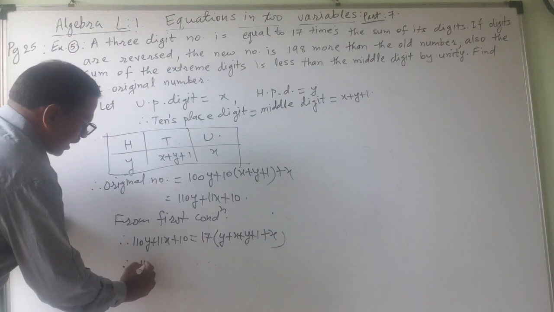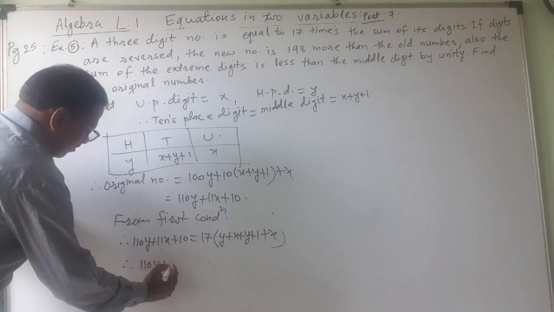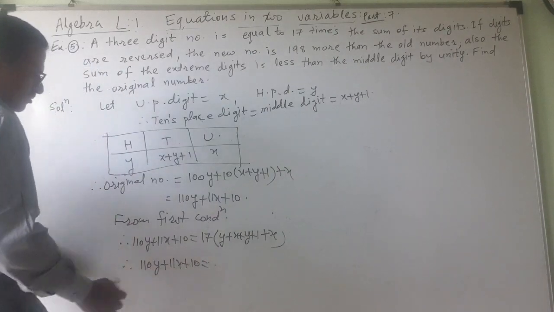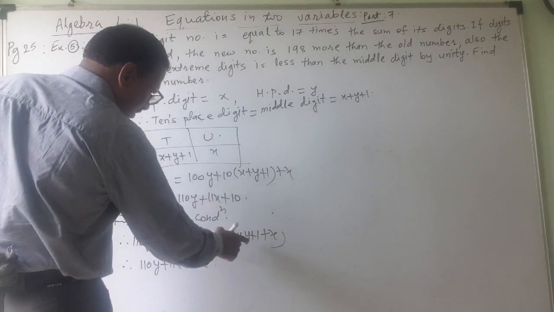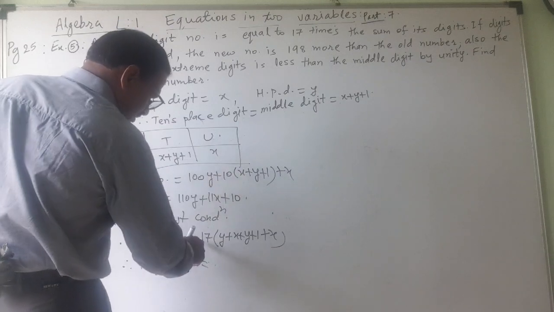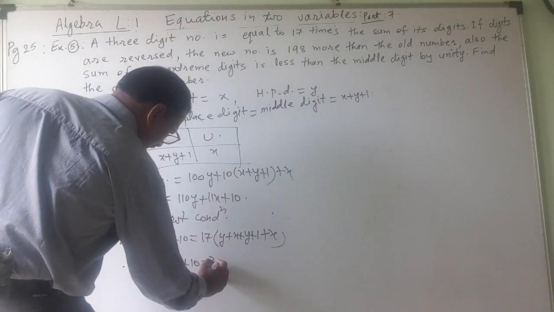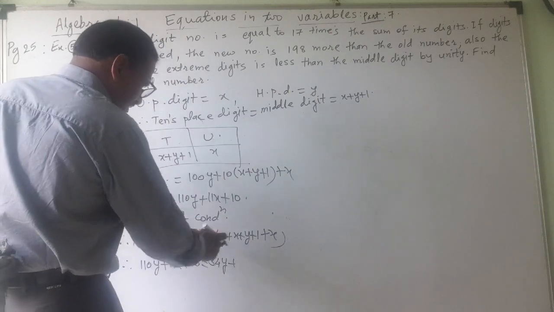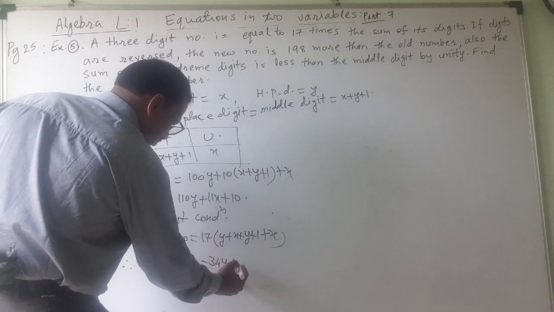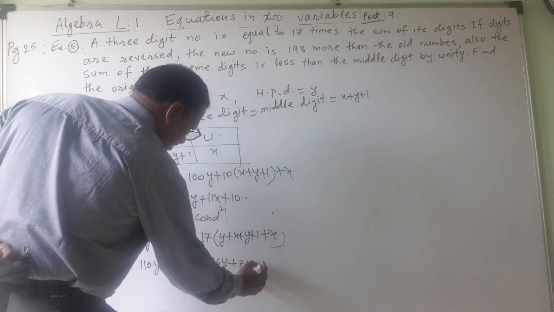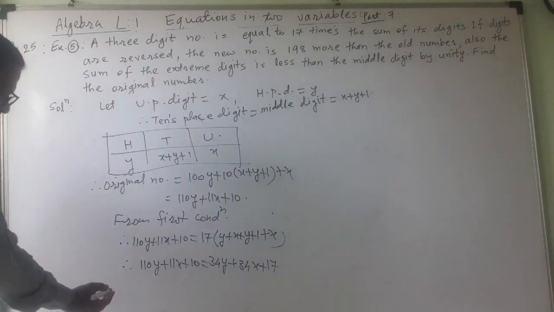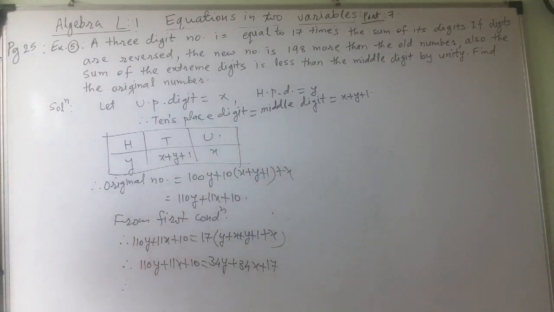Therefore, 110y plus 11x plus 10 is equal to, y plus y is 2y, 17 times 2y is 34y, x plus x is 2x, 17 into 2 means 34x, plus 17 times 1 is 17. Therefore, now we will bring all the terms together.